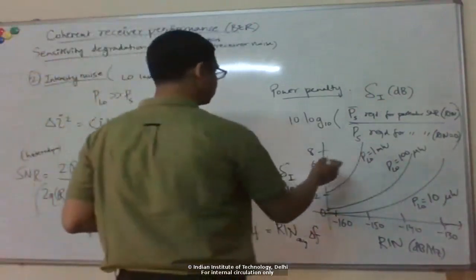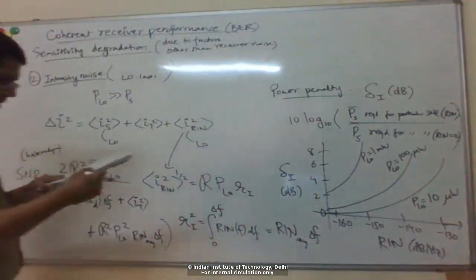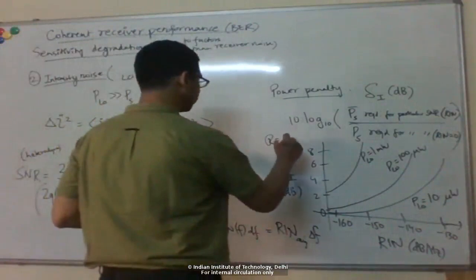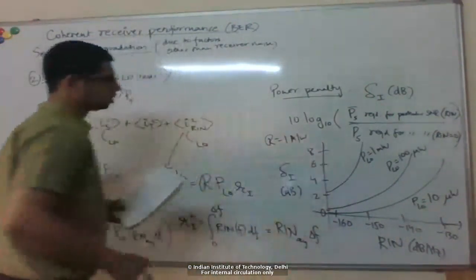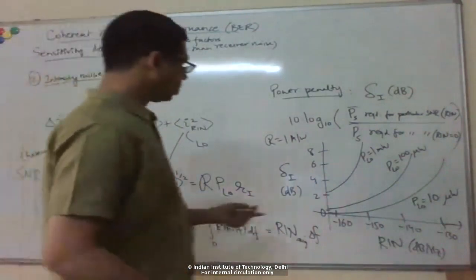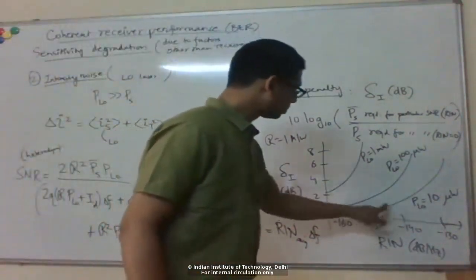Okay, so these curves again, you have to assume some responsivity here. So that's assumed. This is 1 amp per watt. Okay, so you can see that you can get significant power penalties, right?